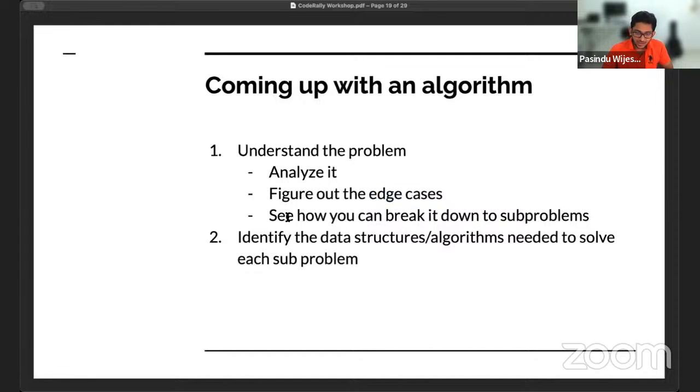And third thing is, when you have a huge problem, you need to figure out a way to break this problem down into sub problems, right? Sub problems in the sense of smaller pieces that you can then relate with some form of algorithm or data structures or standard techniques that you have learned.